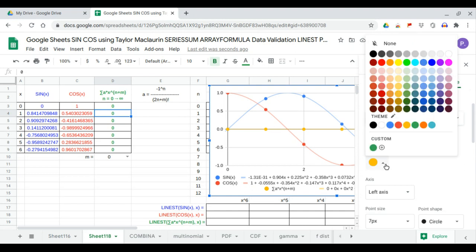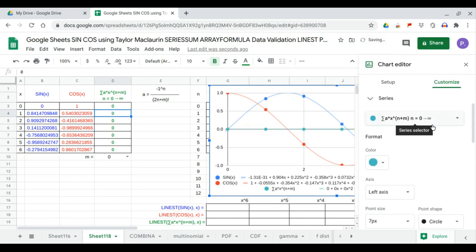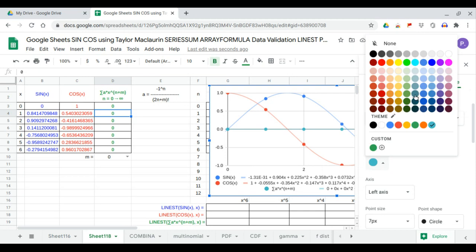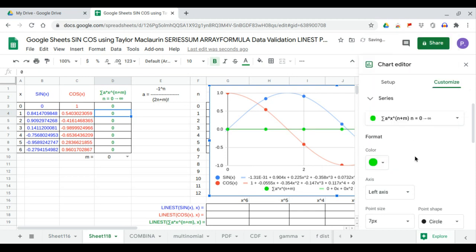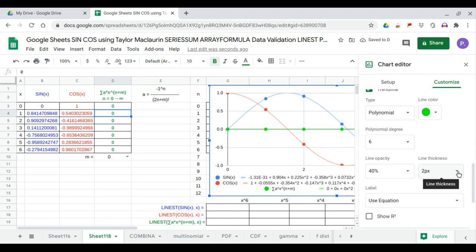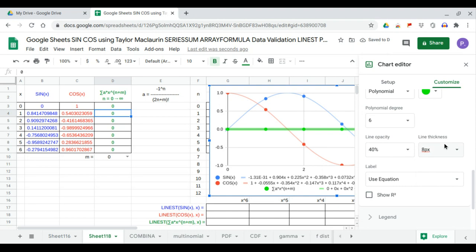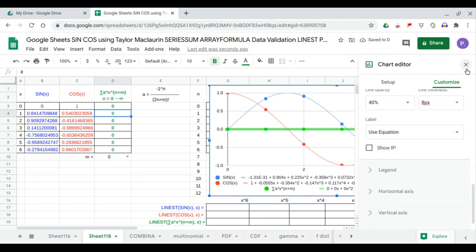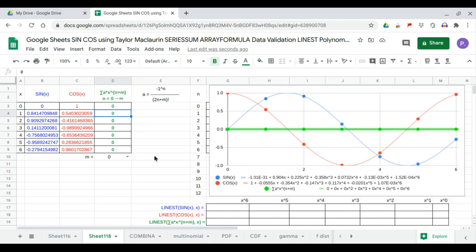We'll change that to green. And we'll make the line thicker, like 4 or 8, just to emphasize and show the equation. It's good.